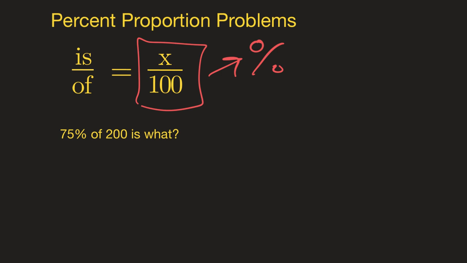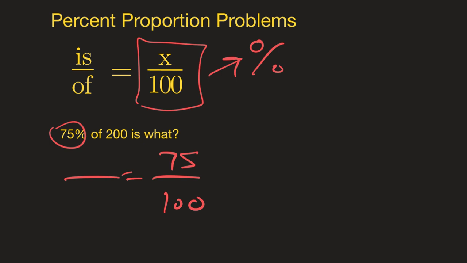Because they either did or they didn't. And in this case, they did. So because they gave me a percentage, 75%, I'm going to put that 75 over 100. If they didn't give it to me, I'm going to leave it x.